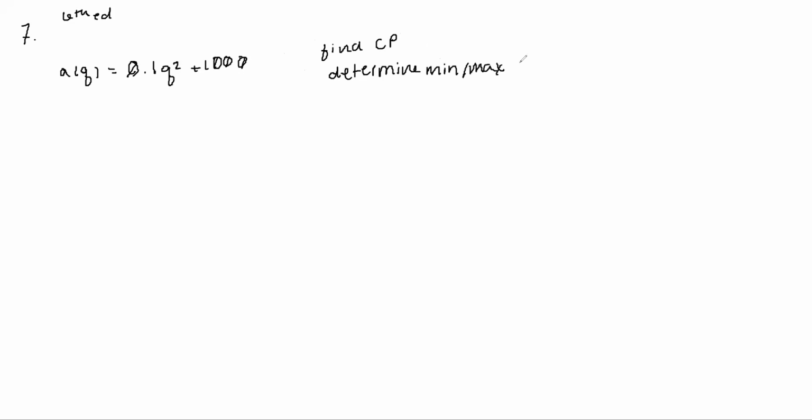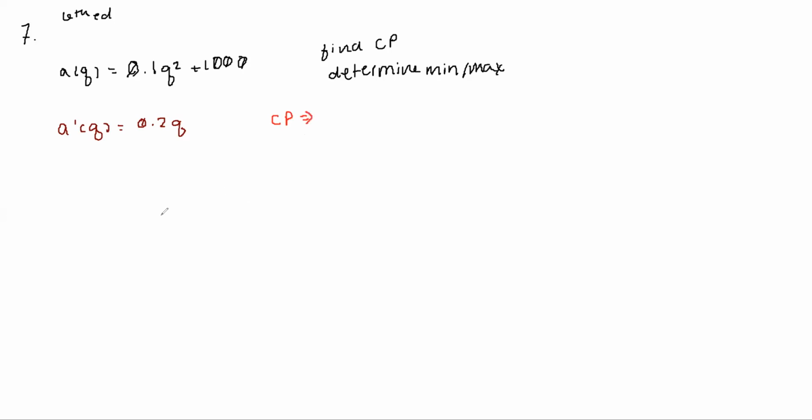Basically how I would think about this to start with is they gave you an equation, they called it A of Q. If all they're asking you to do is find the critical points, then don't get bogged down too much in the nitty gritty of it. So it's just the same as before, just finding the derivative, which I have as 0.2 Q. And then it has to be set to 0 to find a critical point.